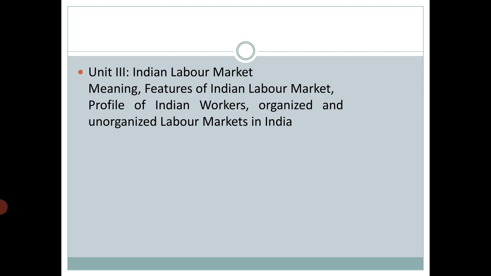So what is the situation of laborers in the Indian market? We will see the meaning of Indian labor market, then the features of Indian labor market, then the profile of Indian workers, organized and unorganized labor markets in India.